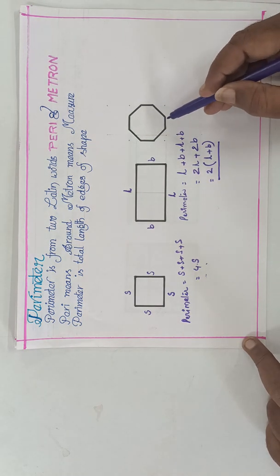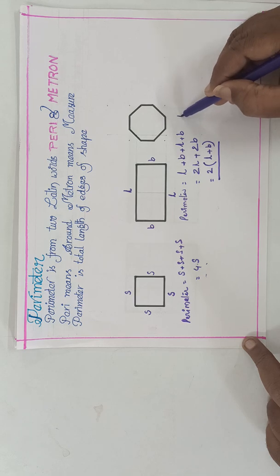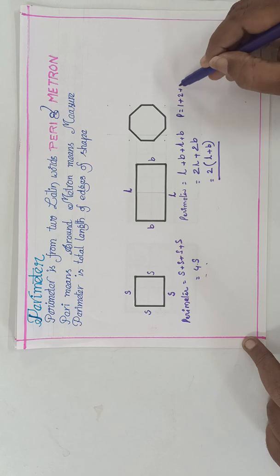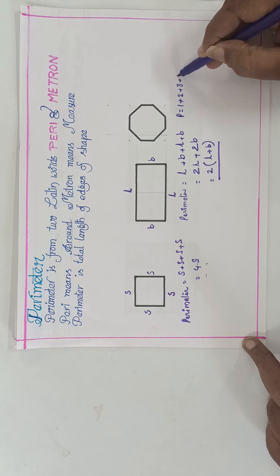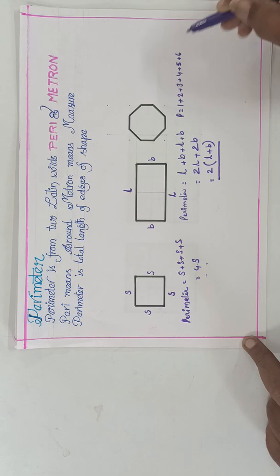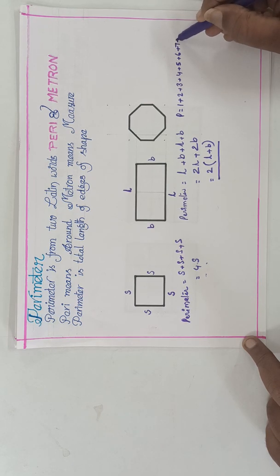The perimeter of this shape is the length of the first side, second side, third side, fourth side, fifth side, sixth side, seventh side, and eighth side.